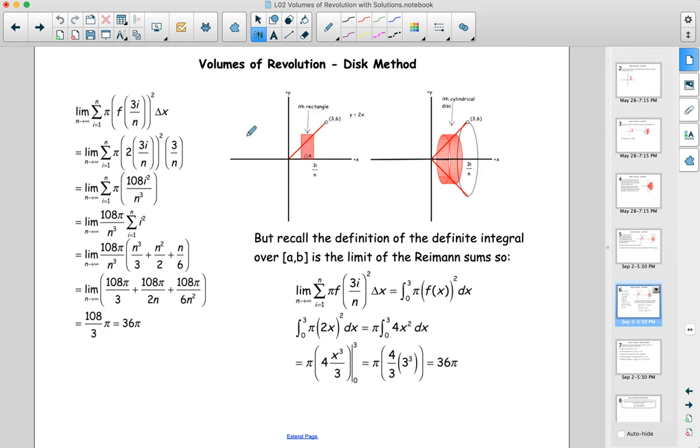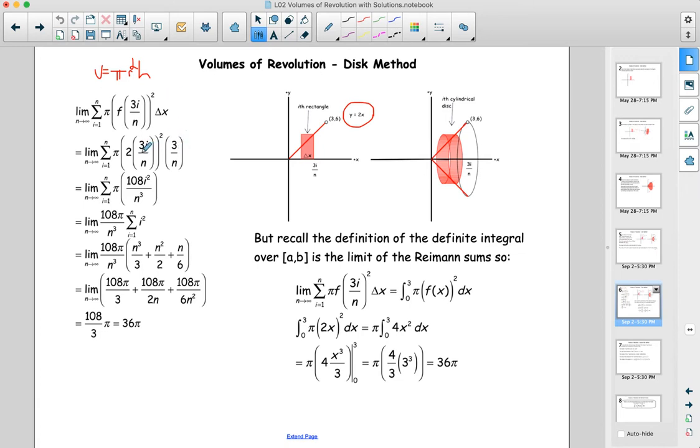That'll give us pi times, our curve is 2x, so we're going to plug the 3i over n into here, and we're going to get 2 times 3i over n, squaring it. Again, why are we squaring it? Because the formula for the volume of a cylinder, I hope I said volume earlier and not area, is pi r squared times h. Multiplying by delta x, which is 3 over n.